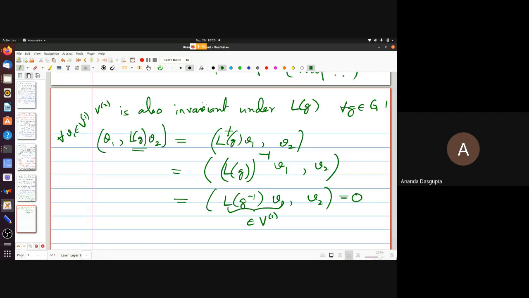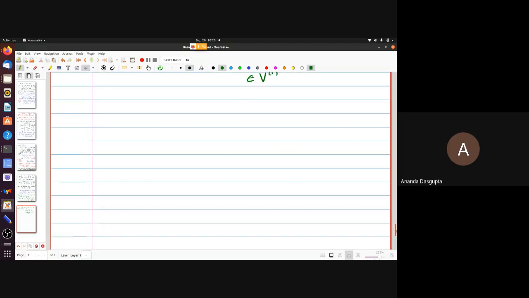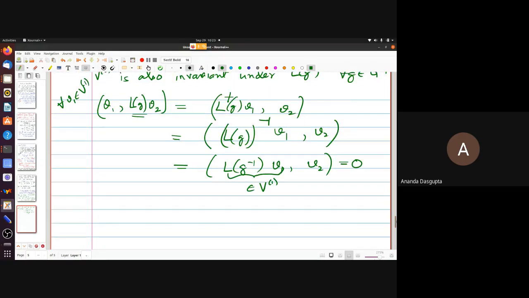But what does it tell you? It tells you that you start with any element of capital V2, apply LG on that, you get an element of capital V2, right? LG V2 must belong to capital V2, because capital V2 is by definition all these vectors which are orthogonal to every element in capital V1.